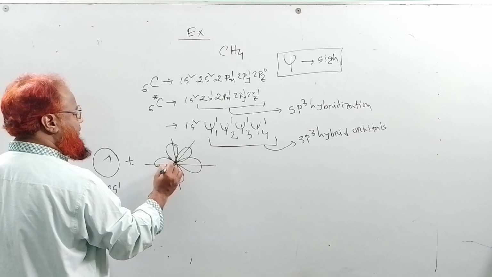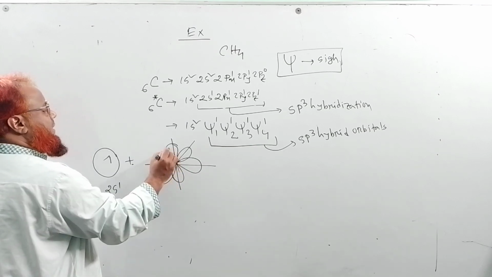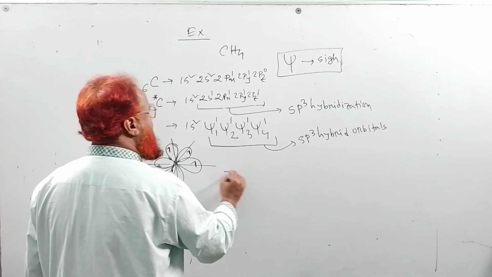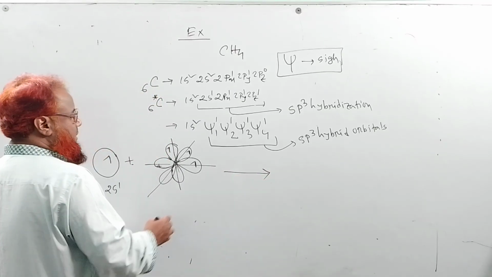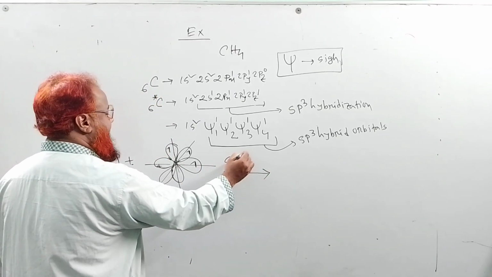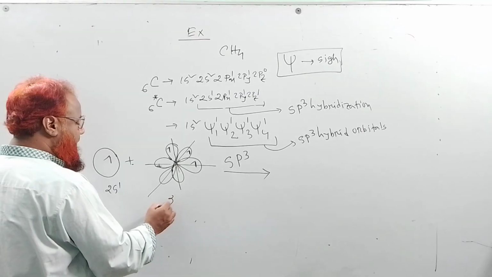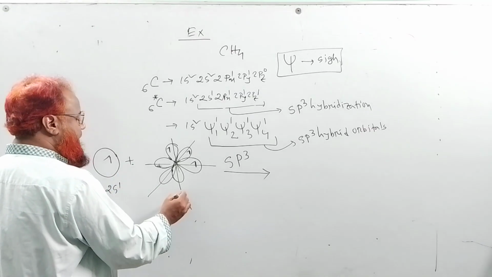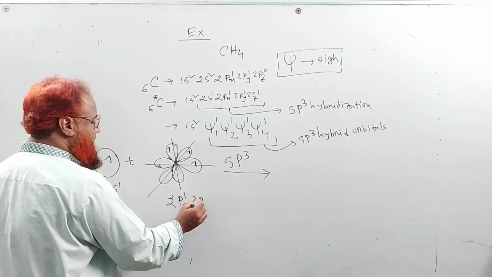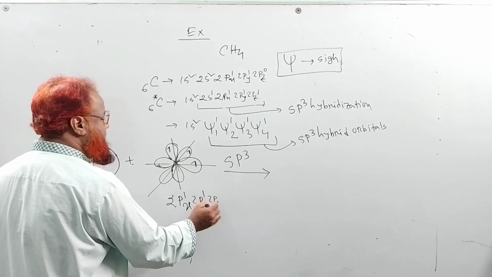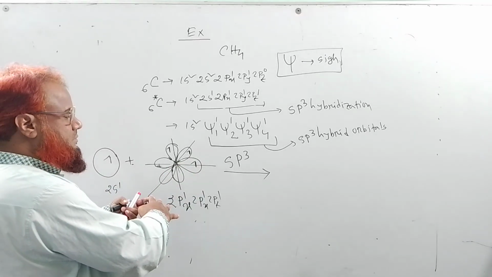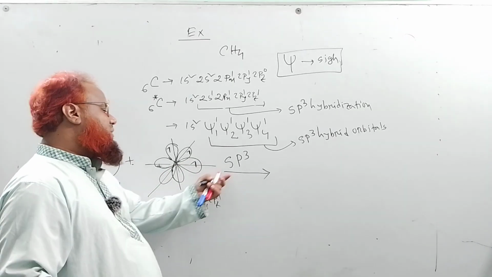So, 3 p orbitals with 1, 1 and 1 electrons in each orbital. Why sp3? Here the number of s orbitals is 1 and the number of p orbitals is 3, 2px1, 2py1 and 2pz1. Now, they will be intermixed together, and the process will be known as what?